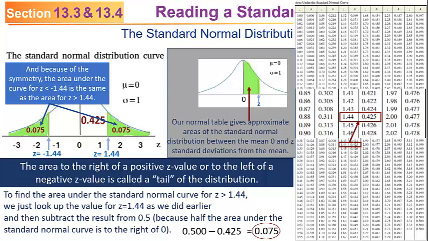So for the tails, you can ignore the sign, plus or minus, just look up the 1.44 and subtract it from 0.5, and that'll give you the area to the right of 1.44 or the area to the left of negative 1.44. The sign actually doesn't matter because the table only gives you positive z values, and because of the symmetry, you can figure it out either way.